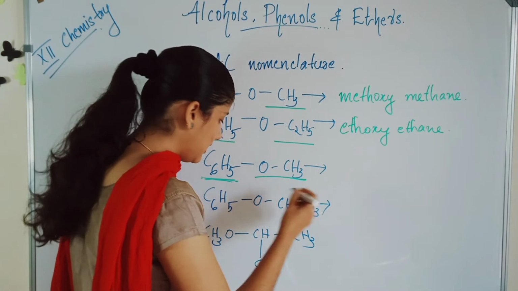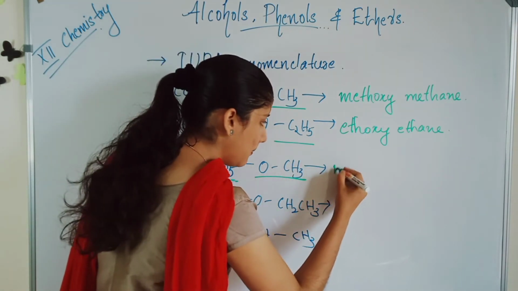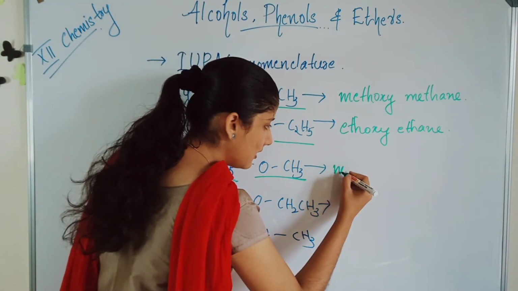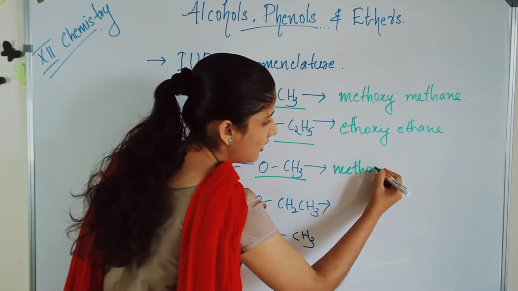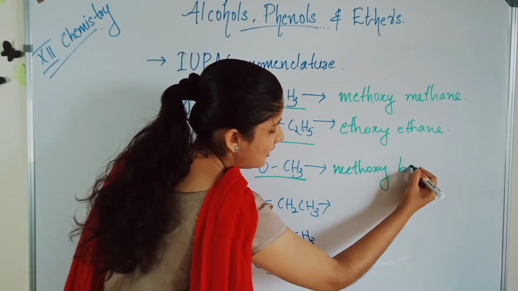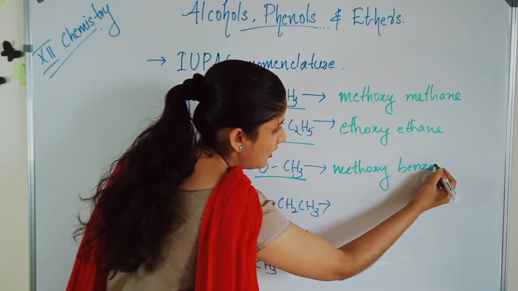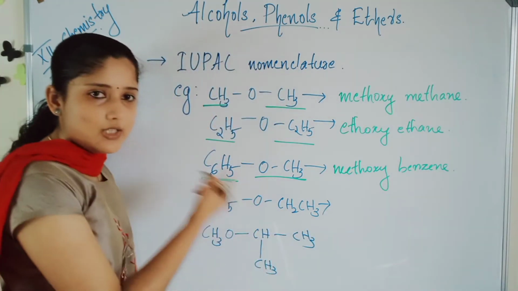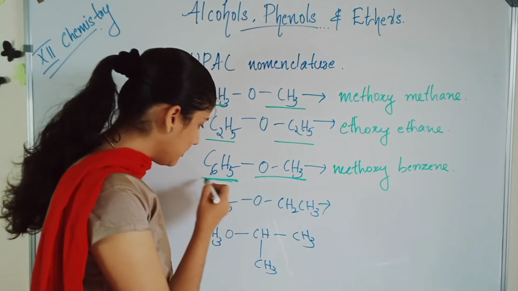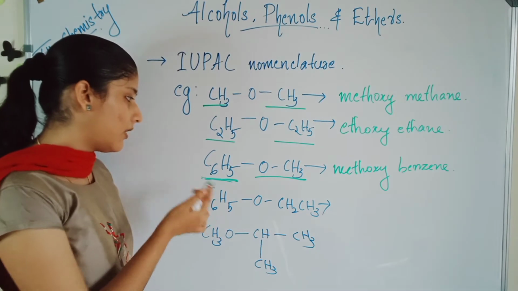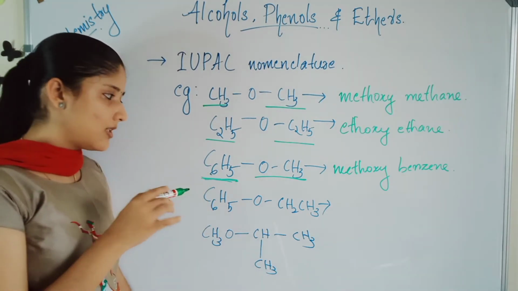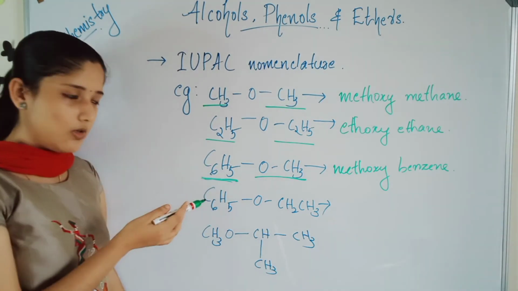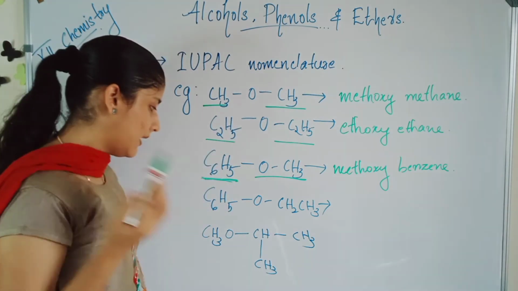So what we will write here? This is methoxybenzene. Sometime before we have discussed the common name. This is anisole, C6H5OCH3.